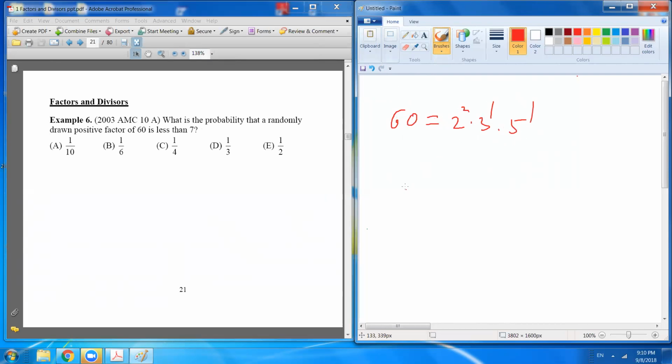How many factors do we get? How many? 12, right? The bottom will be 12. What about the top? We find a factor less than 7. What do we get? 1, 2, 3, 4, 5, 6, right? 1, 2, 3, 4, exactly. 6 out of 12 gets a 1/2.